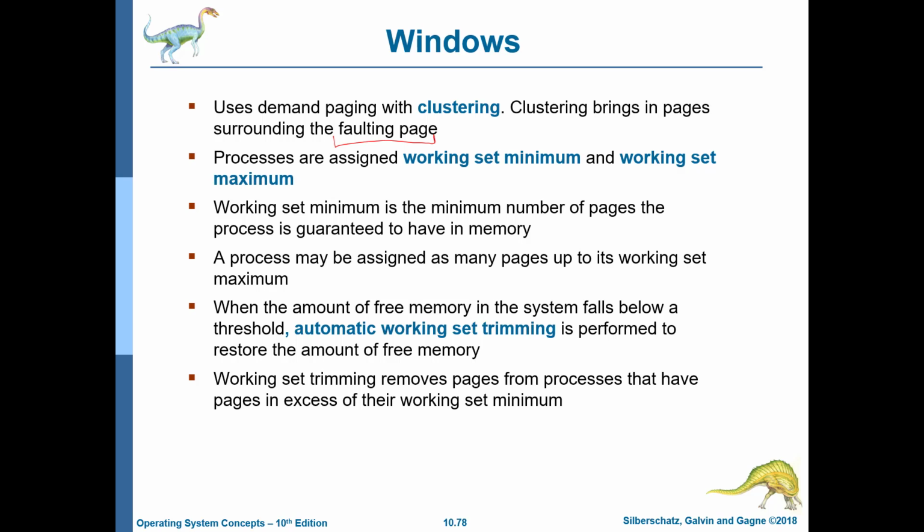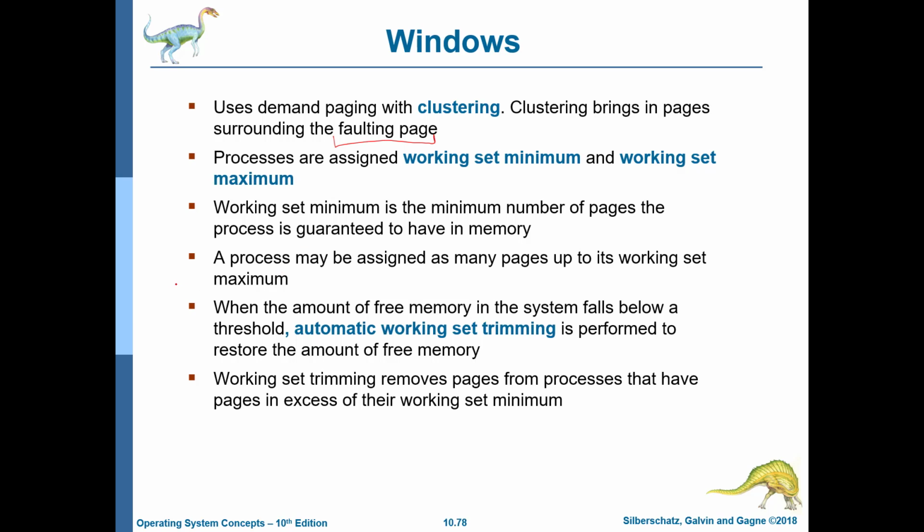Alright. Then processes are assigned a working set minimum and a maximum. The working set minimum is the minimum number of pages any active process is guaranteed to have in memory. This is primarily to stop thrashing. And again, there is a maximum such that even other processes can run.